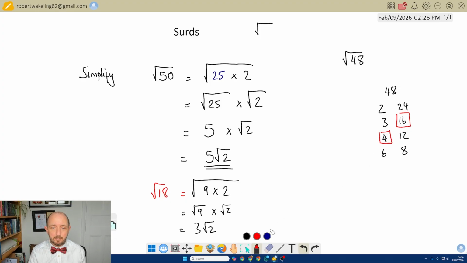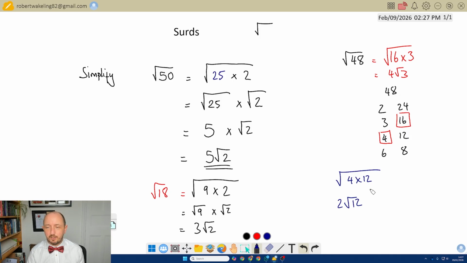We haven't fully simplified it. So we would have 16 times 3 here, which would be 4 root 3, as opposed to 4 times 12, which gives 2 root 12. So root 4 is 2 times root 12, and then the 12 can be broken down into 4 and 3, so you'd have to do it a second time. So try to avoid that by choosing the largest square number factor.